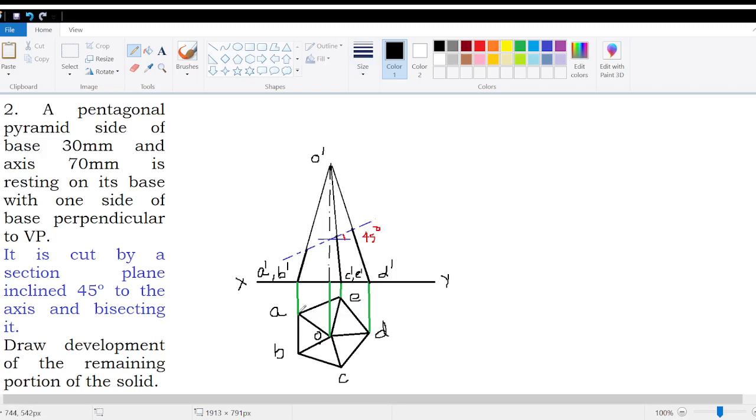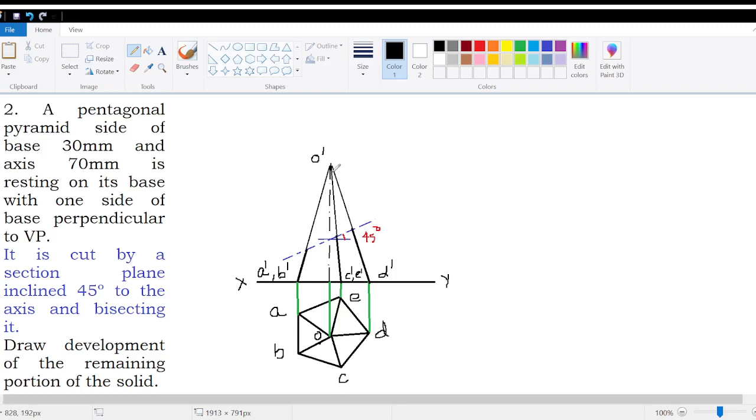Now you project lines to the XY line to get the points A dash, B dash, C dash, D dash and E dash. Then the height of the axis is given as 70 mm. So from this point on the XY line, draw a chain line at a height of 70 mm and mark that point as O dash. Now you join O dash with these points.